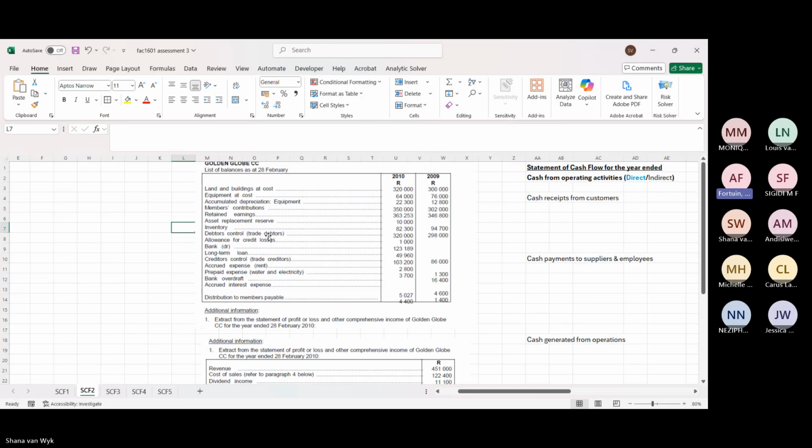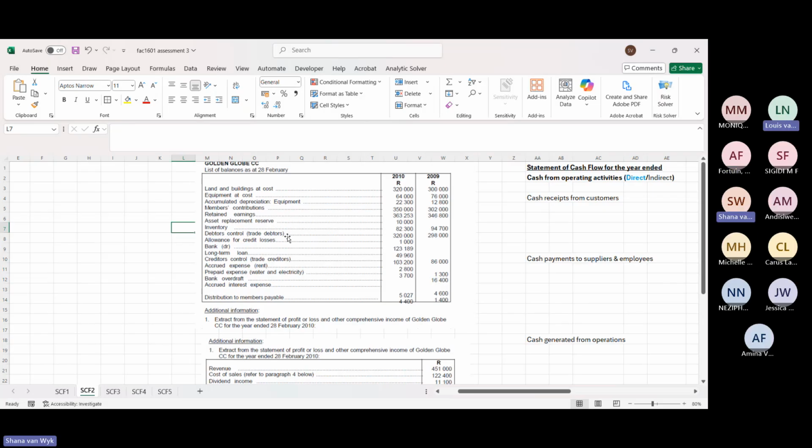The difference between the debtors control account opening balance, the 2009, less the 2010, will give us the cash flow. No, it won't, because of this additional information. If there weren't any additional information, then yes, that would have been correct.